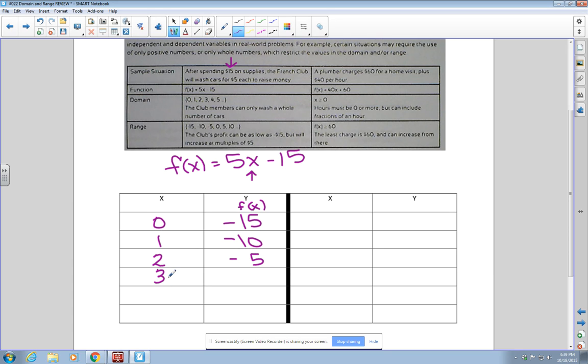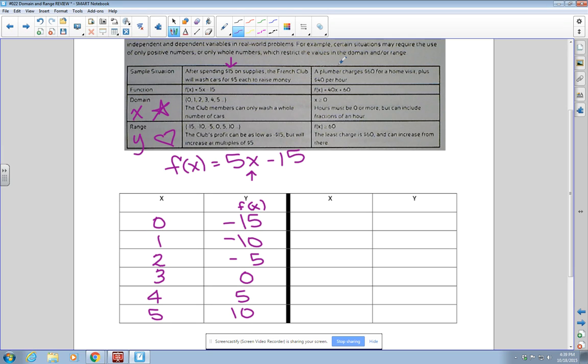And when we've washed 3 cars, we are even. We have not made any money, nor are we in the hole with negative money. And whenever we wash 4 vehicles, we're up $5. 5 vehicles, we're up $10. And if you notice, the domain are x values and our range are y values.